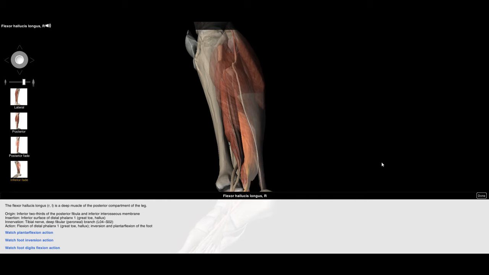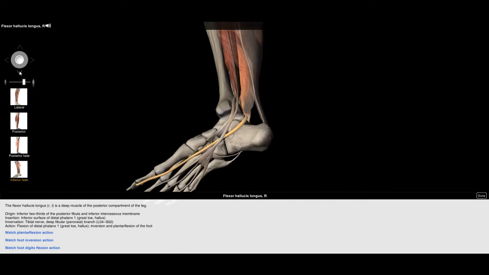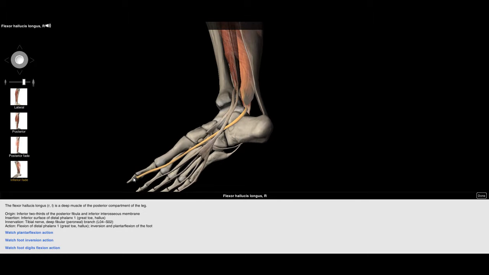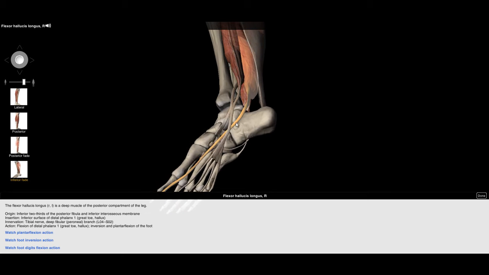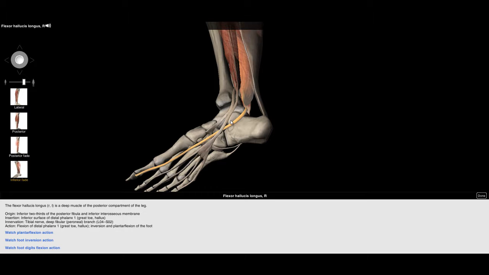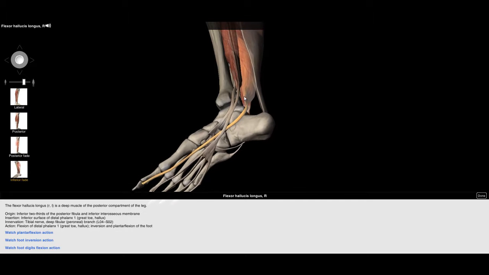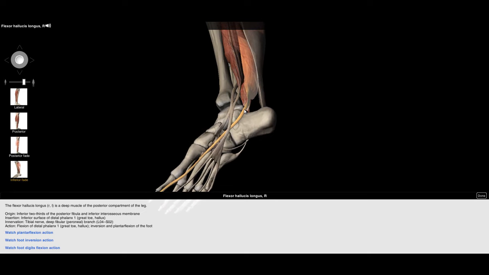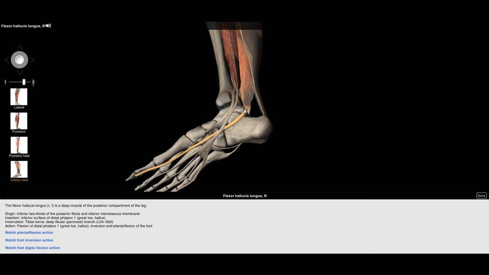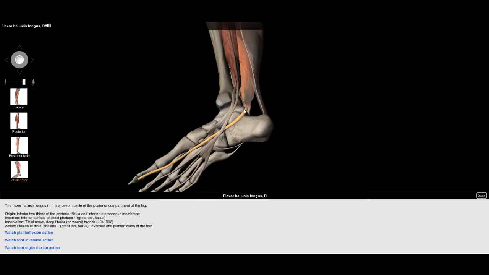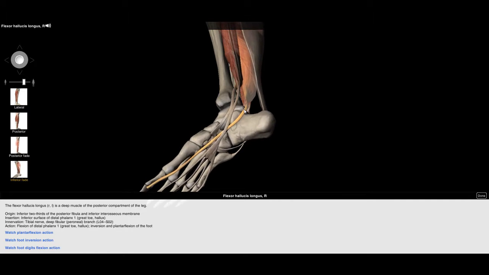So the flexor hallucis longus is a nice long tendon that comes down and attaches into the distal phalanx of the hallux and crosses right under the sustentaculum tali, that aspect of the calcaneus, which acts as a fulcrum for it, and originates from the muscle on the posterior surface of the fibula and the interosseous membrane, innervated by the tibial nerve, as well as part of the peroneal branch.